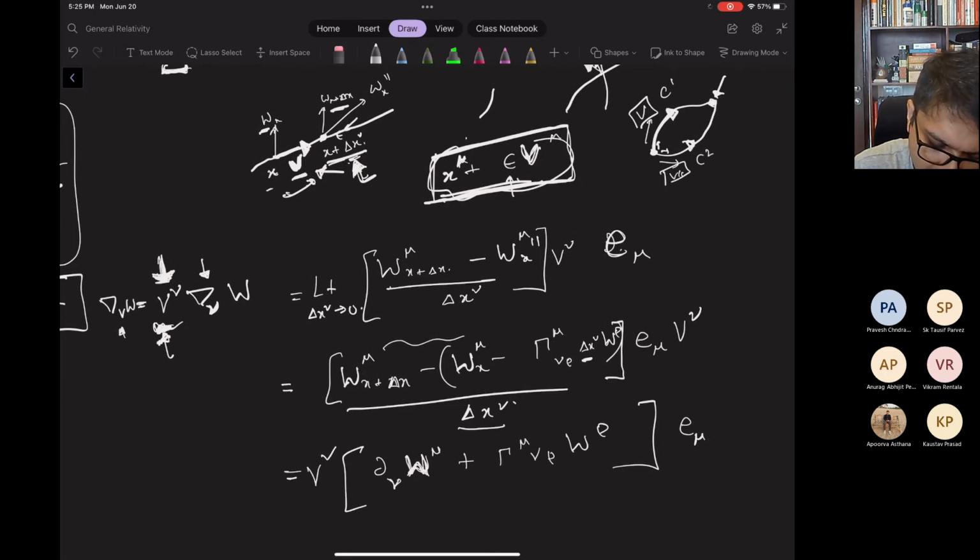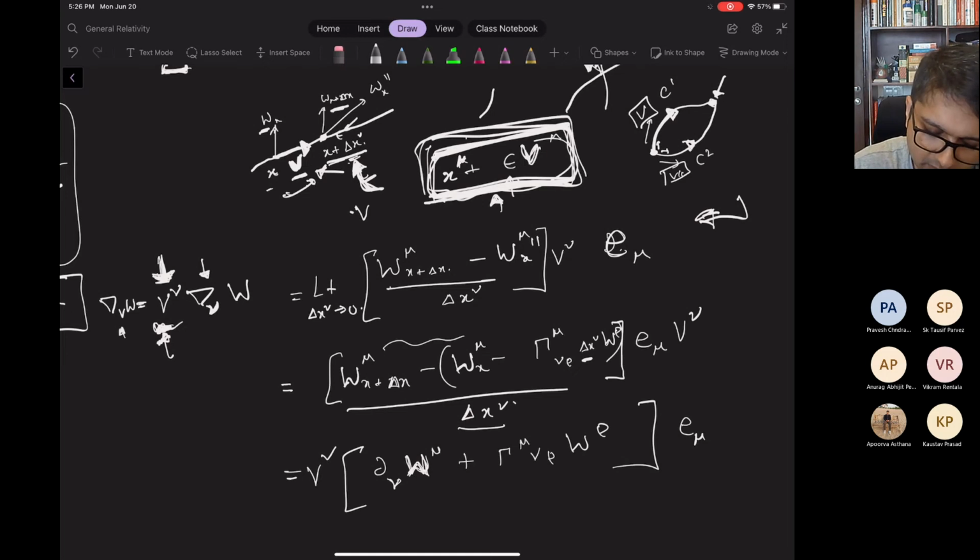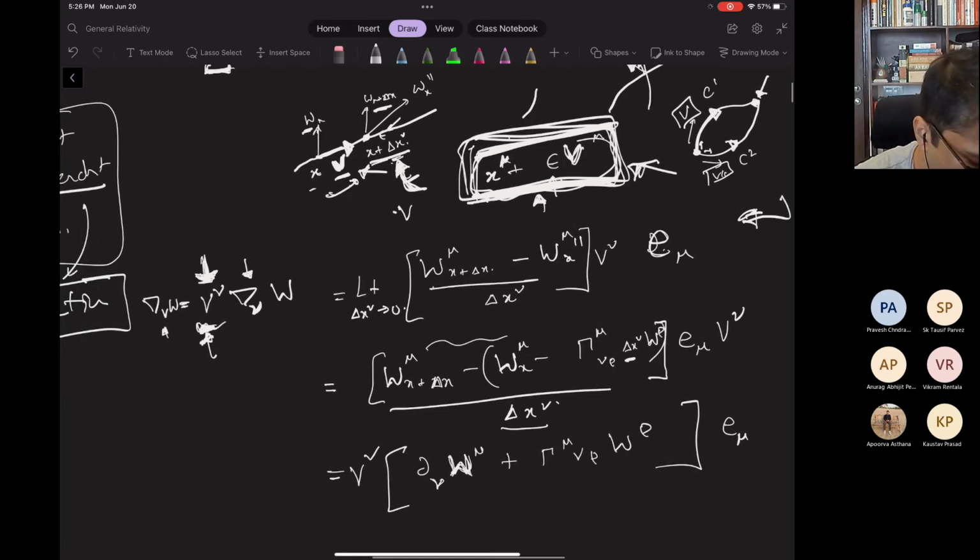This point is certainly obtained by a displacement of this form, and it's an epsilon variation, but how do we rephrase it in terms of the difference between the vector W at this point and the parallelly transported version of W at this point? Certainly you can write it like this, but how do we write it in terms of this quantity? So maybe you can think about that. All right, but let me just finish the rest of this discussion, and we'll think about this after that.